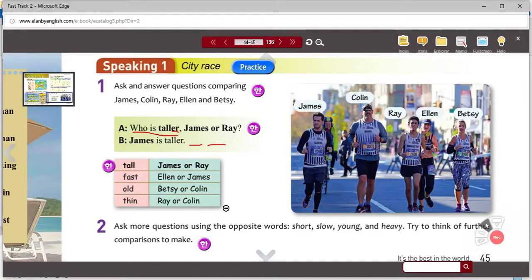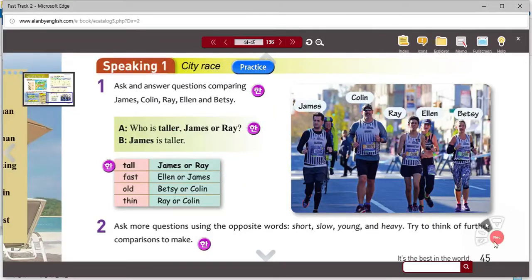Good. All right, I'm just going to pause this. You can do the same. You're going to compare Ellen and James, Betsy and Colin, and Ray and Colin, with these adjectives. See if you can adjust them and answer the questions.